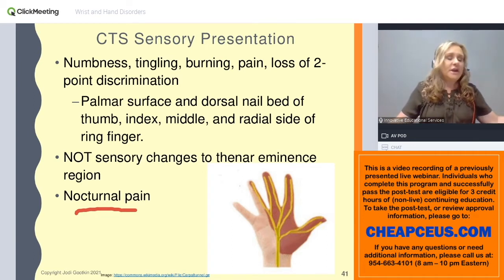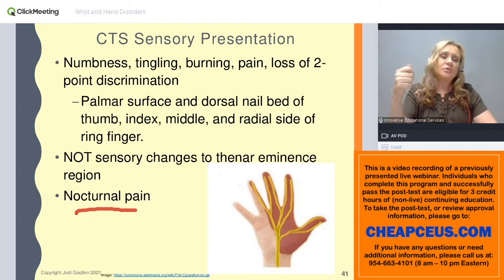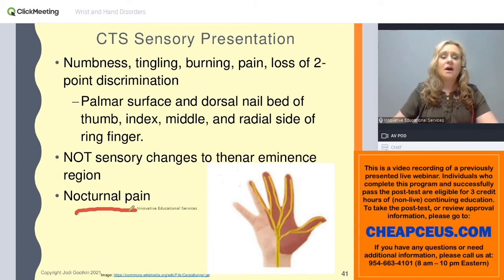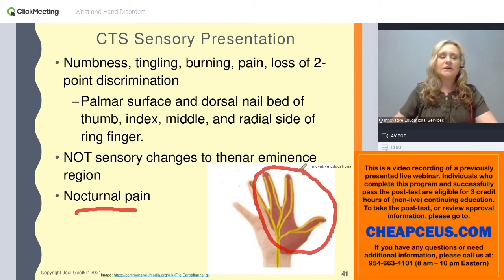The specific location of where we see the sensory changes is important in our assessment of the patient when we're doing sensory testing. We typically think of all of that index, middle finger, and thumb area as our distribution for that median nerve.